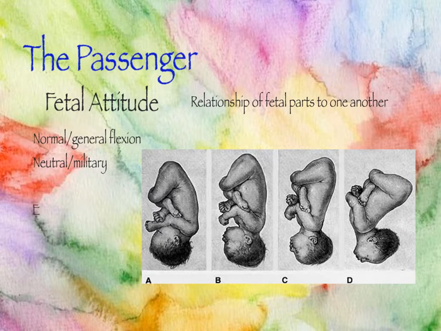So your next position, you can see baby C is even worse off than baby B. Now we have extension. This baby's really not going to do too well coming down the pelvis, because now you've got an even bigger diameter right here. And those bones aren't going to stretch to accommodate that. If the baby's real high up, maybe you'll get some flexion at some point, and that baby will be able to come down.